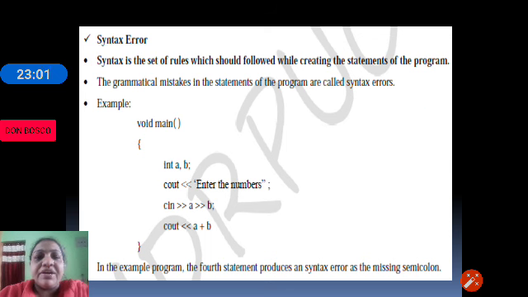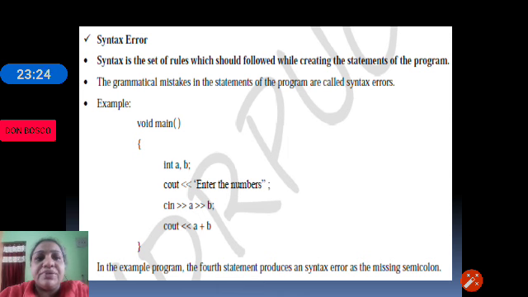Sometimes we may forget to use some symbols which are required. Just as you learn grammar in Kannada and English, here we have grammatical mistakes, which we refer to as syntax errors. If you make any such mistakes, then you will get this error.